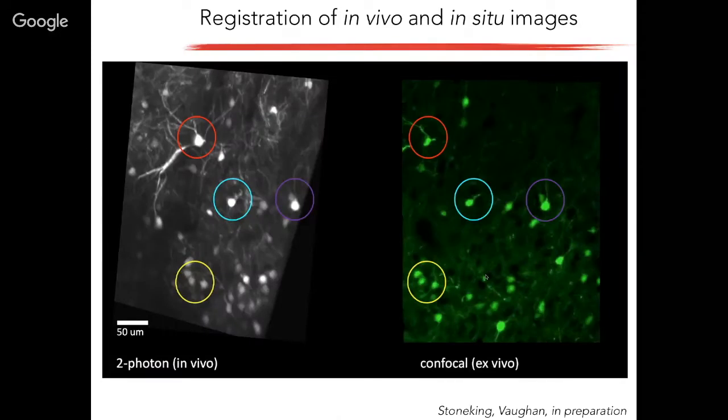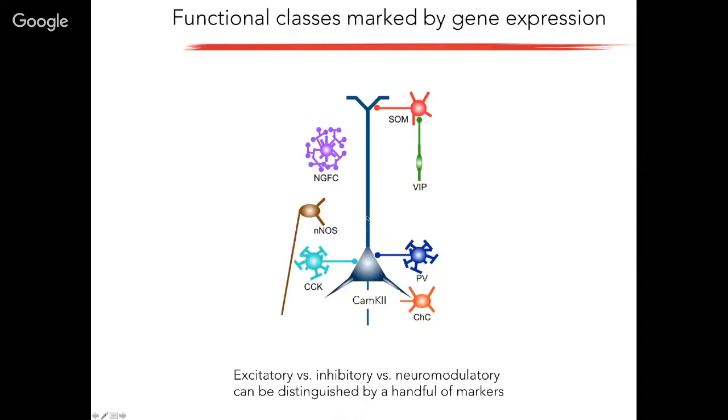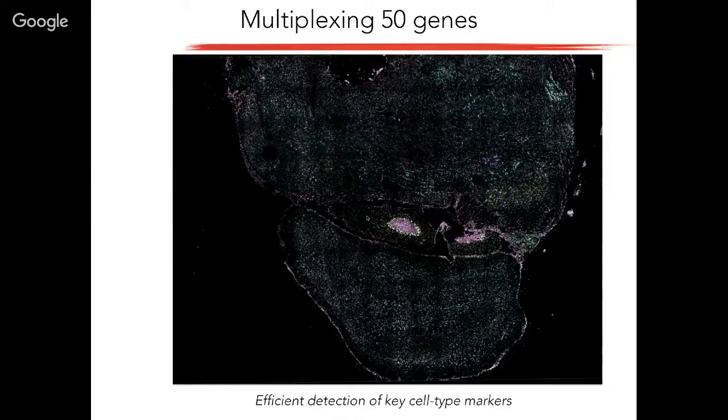We can combine this with in vivo activity. We first use 2-photon imaging to figure out the activity of a bunch of cells. And then ex vivo, we can find those same cells and then figure out their projections. We can combine this with gene expression.